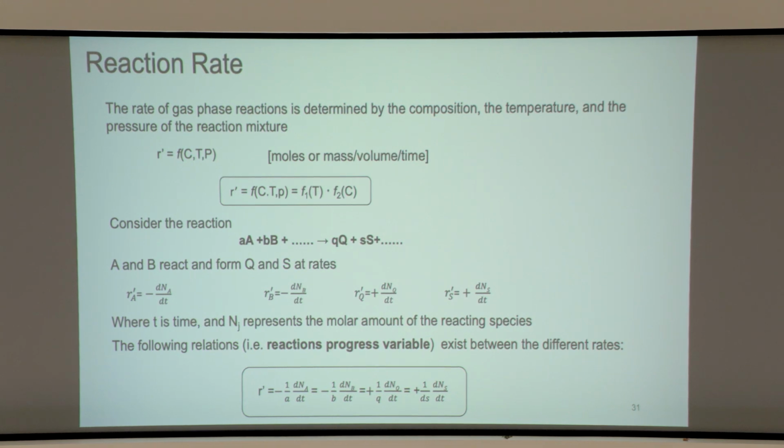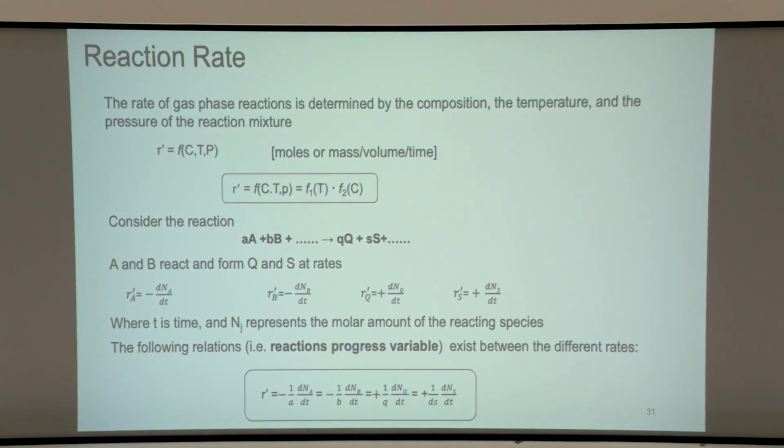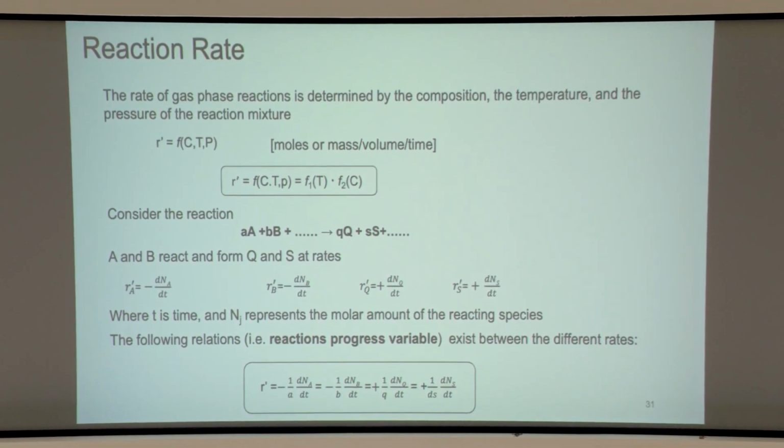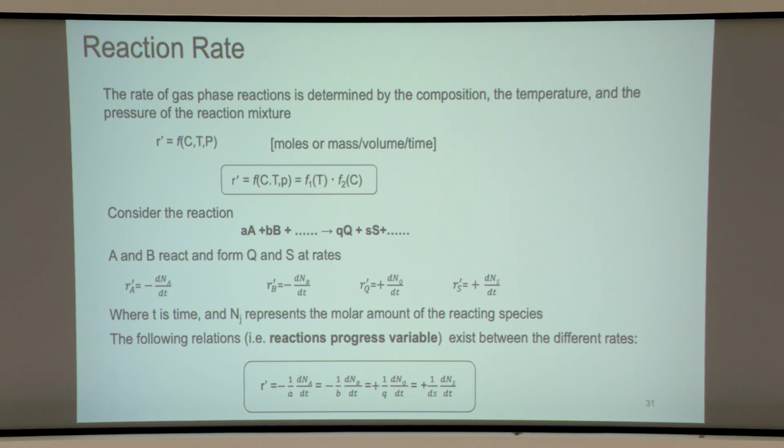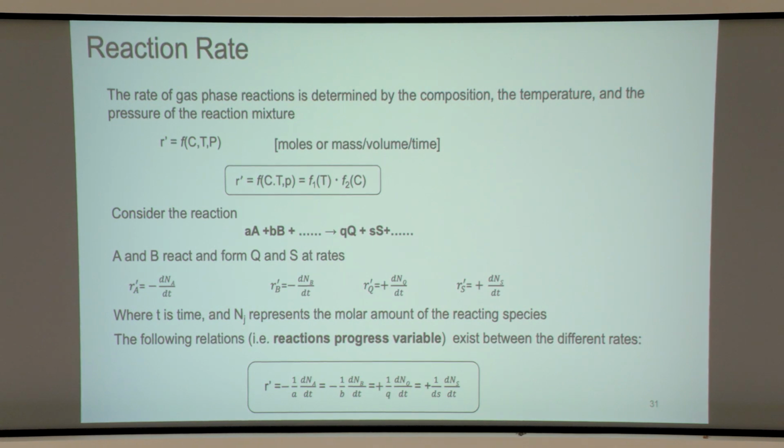The temperature is changing depending on the exothermicity and the endothermicity. The pressure might change if the volume is confined. And all of these things we need to track at every time step in the reacting flow simulation, so we can predict again at the next time step what will be the updated species concentrations, temperatures, and pressures.